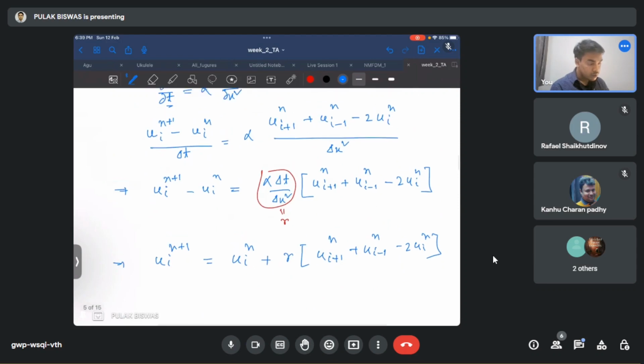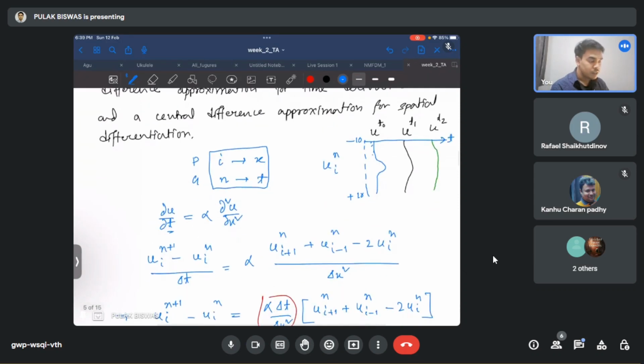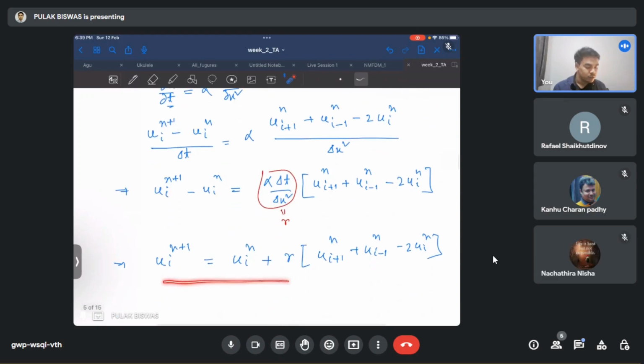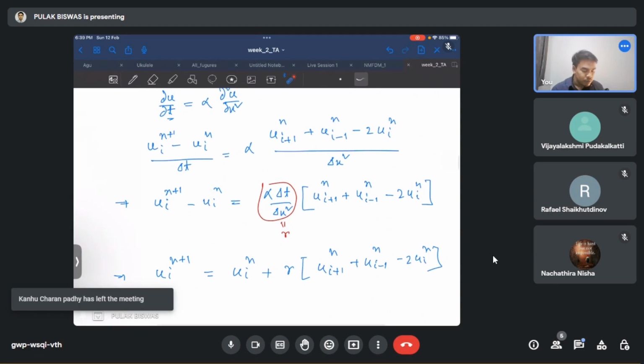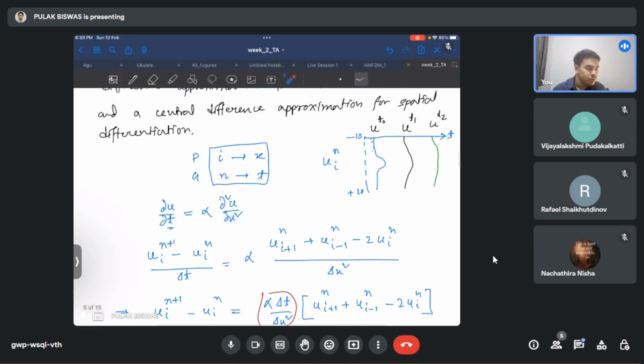So now you can do this using the explicit scheme. If you use the explicit scheme, the formula is coming like this. Here you find a simple formula for any point, maybe for I you may choose -10 or maybe 0. Suppose you choose 0, you can also choose 5 or something, -5, whatever.